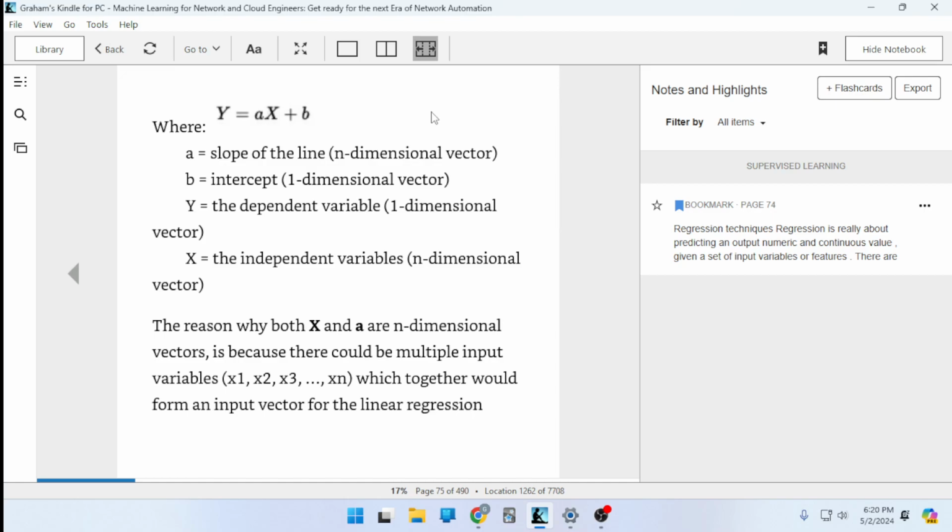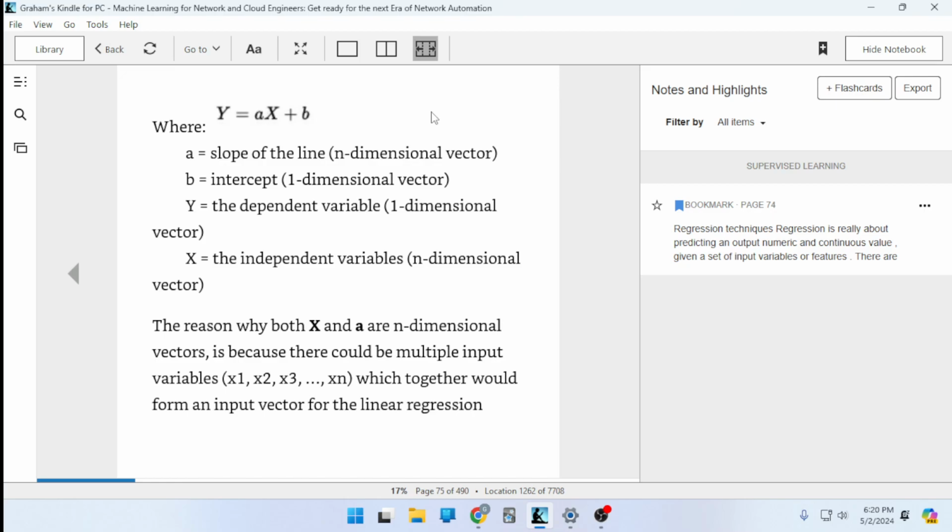They're not using m for the slope, but instead are using a. So y equals ax plus b, where a equals the slope of the line, an n-dimensional vector. b equals the intercept, and this is a one-dimensional vector.